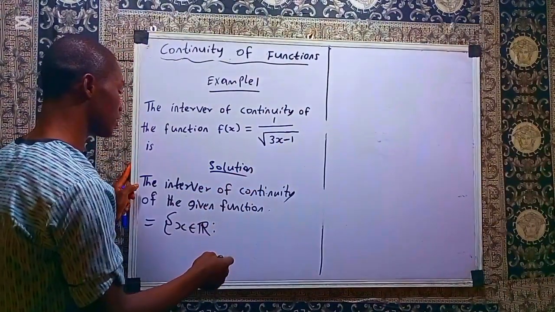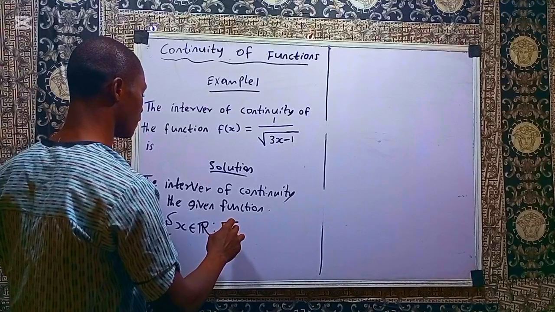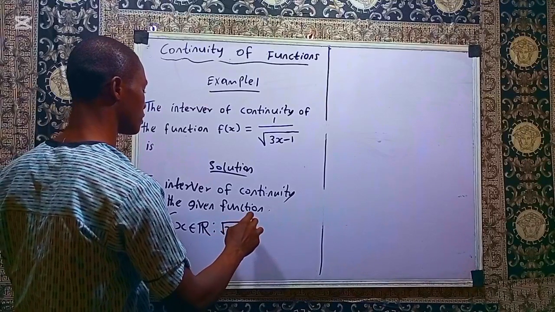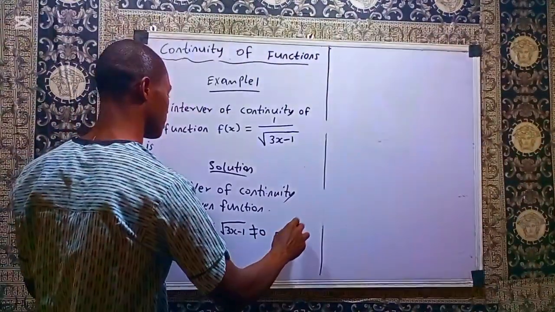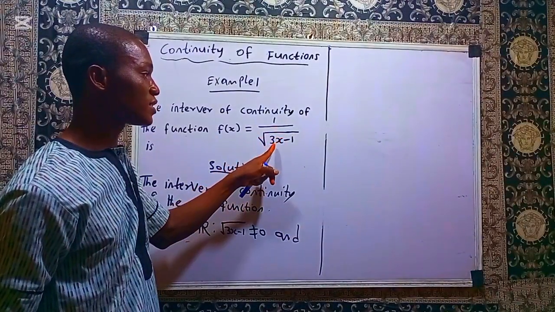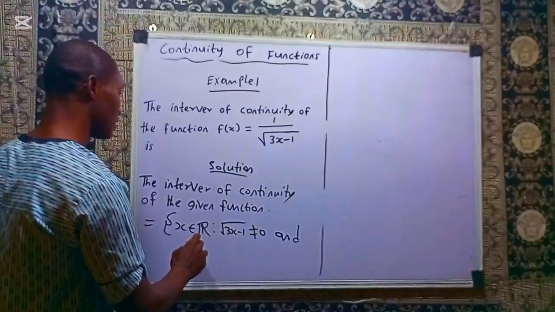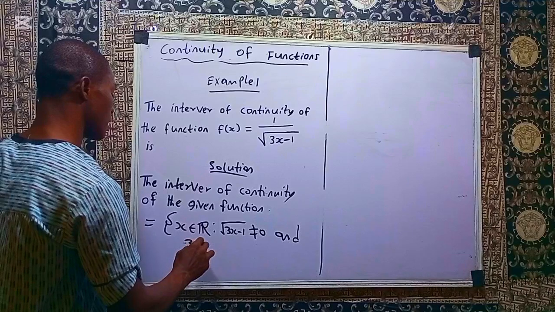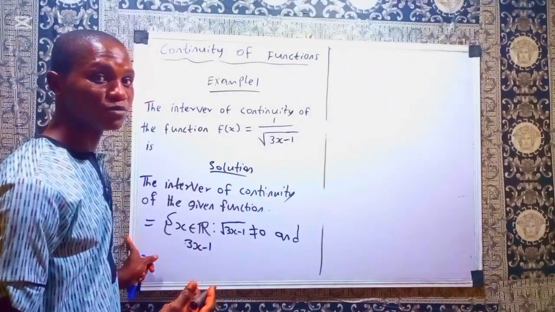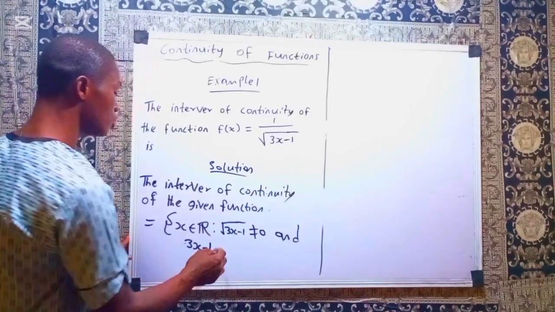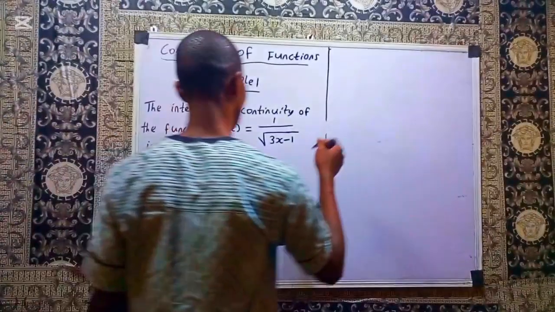That is, the square root of 3x minus 1 should not be equal to 0. And another thing is that the quantity inside this square root should not be negative. So 3x minus 1 should not be negative, which means that it should be positive. So we are going to say it's greater than 0. Right?